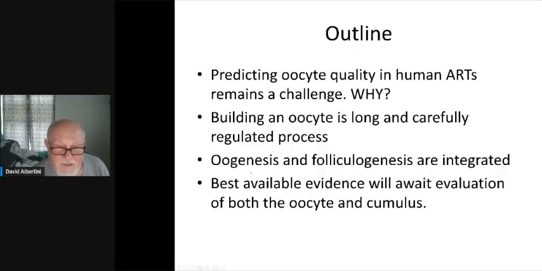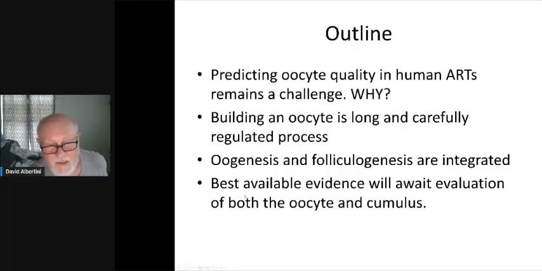At the heart of this is the fact that the quality of the oocytes that result from oogenesis is directly related to the qualities of the follicle. These are integrated and inseparable processes, and in our daily practice of ARTs, we are likely trying to separate these two to the detriment of the oocyte quality.